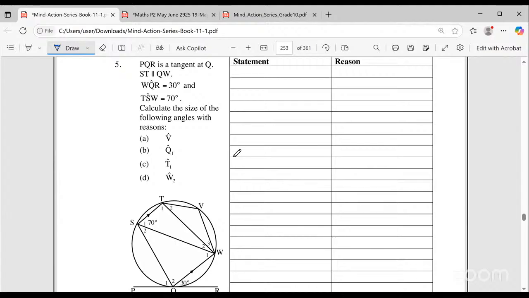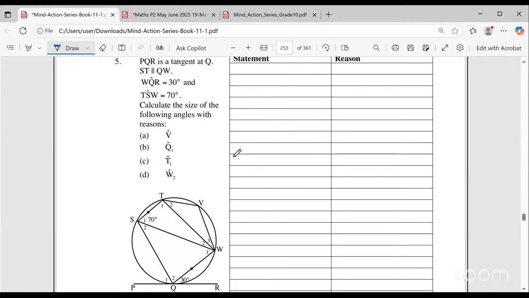They are saying PQR is a tangent, guys, at Q in this circle. Fine. And then we are also given that ST is parallel to QW. ST is parallel to QW. Oh, that can help us a lot. That's a very powerful information.